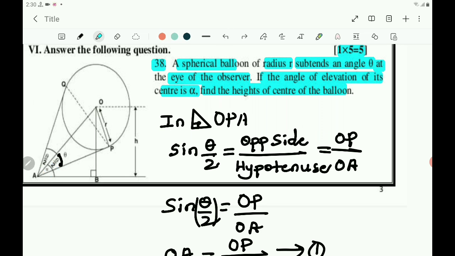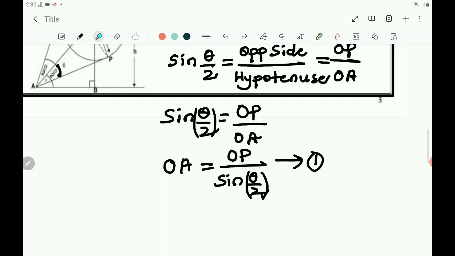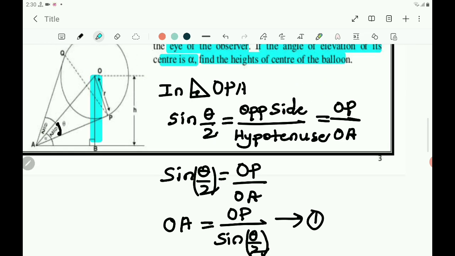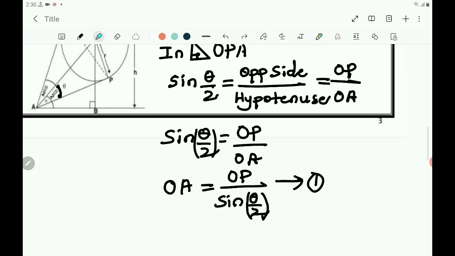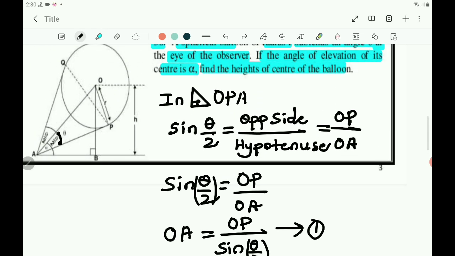For that alpha, OB becomes the opposite side and OA becomes the hypotenuse. Again let us use the trigonometric ratio sine.